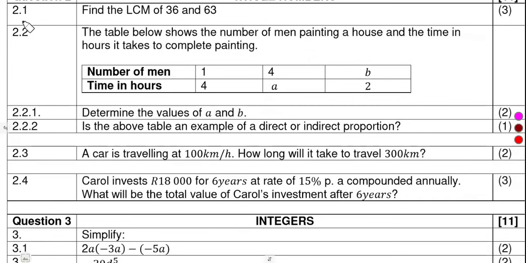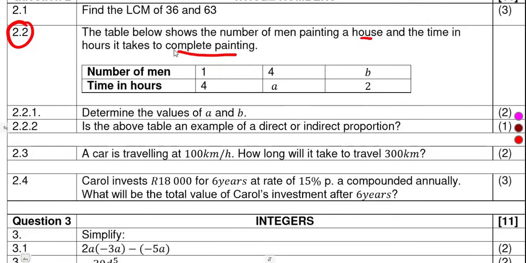Anyways, 2.2: the table below shows the number of men painting a house and the time in hours it takes to complete painting. They did not mention anything further special there. So you have to compare when you are relating this type of question.